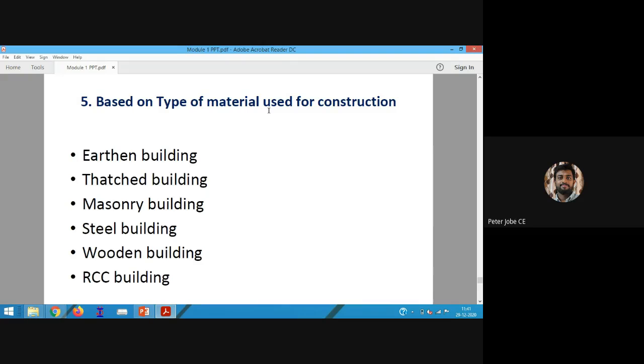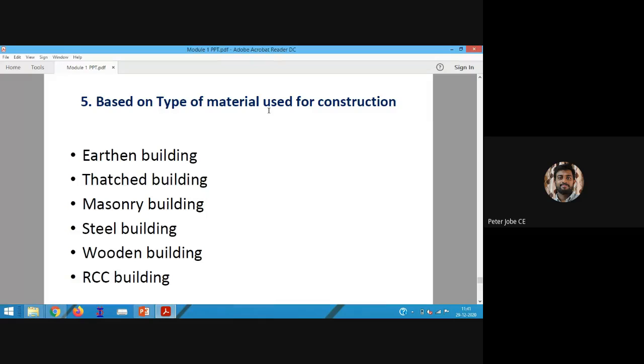That's known as reinforced cement concrete. In olden days, when cement was not so common, we used to use lime mortar or surki. But nowadays since cement is very common, the common construction practice we follow is RCC building.